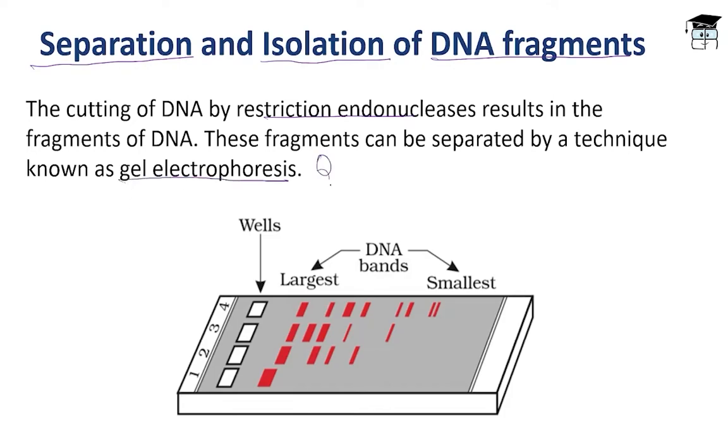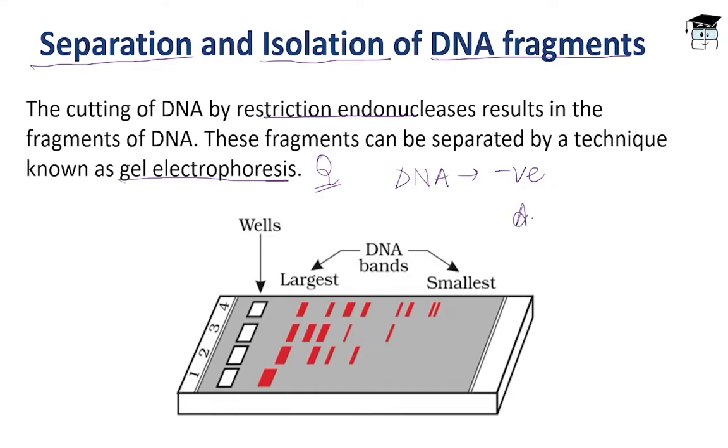Now this is very important and you will have a question in your exam from this topic for sure. Let us see what this is about. Since DNA fragments are negatively charged molecules, they can be separated by forcing them to move towards the anode.